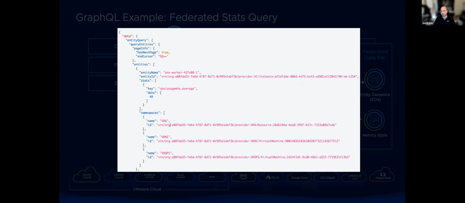VRA, by the way, calls it this, and it's a resource in VRA. Verni calls it this, and it's a virtual machine in Verni. VROps calls it this, and it's also a virtual machine in VROps. So we are able to now consolidate all of the uniqueness of the individual products under Graph.